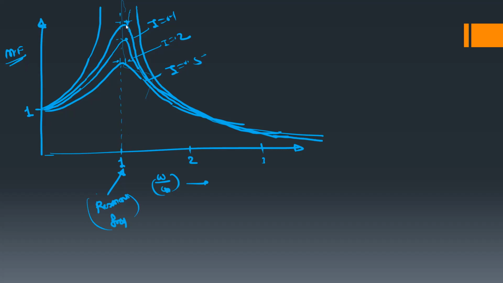So from this peak point, if you draw a vertical line, then at this point there is some frequency or frequency ratio. This frequency is called the peak frequency, omega p.